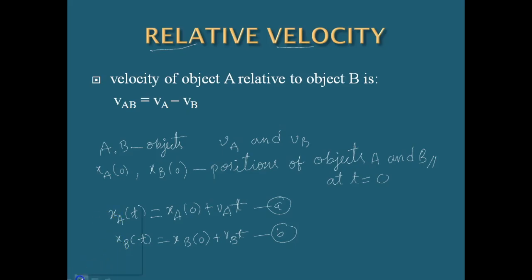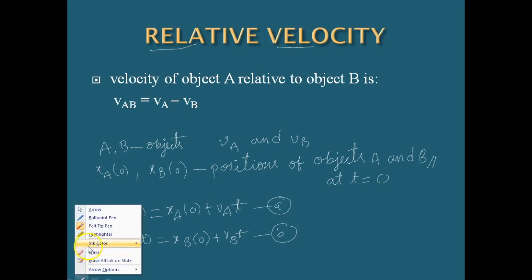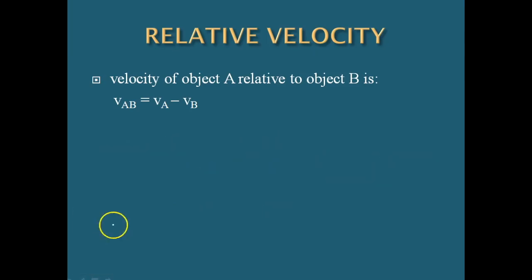Now let us consider the distance between object B to A, that is xba of t, which is given by xb of t minus xa of t. We know xb of t and even we know xa of t, isn't it?